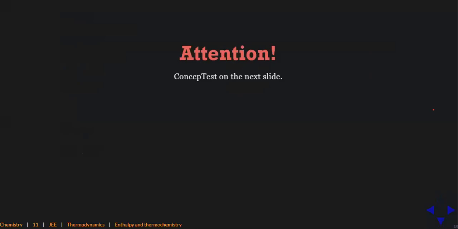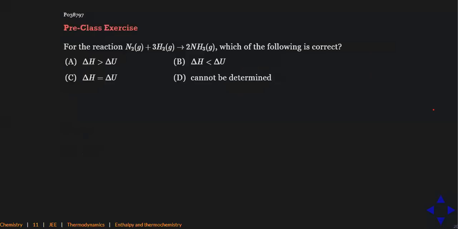Next, tell me. How many of you remember the second formula? If pressure and volume is not given, then which formula do we have to use? ΔU plus ΔngRT is equal to ΔH.